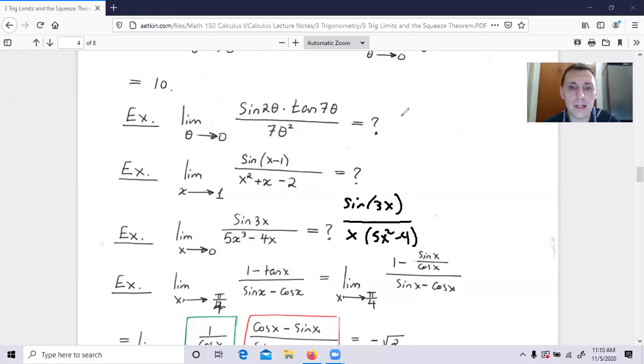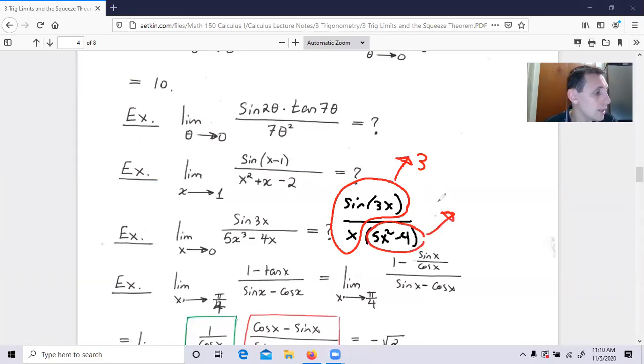Now what happens if x is going to 0? What we see is that this quantity here will approach 3, and this quantity here will approach minus 4. So the answer to this problem is minus 3 divided by 4.